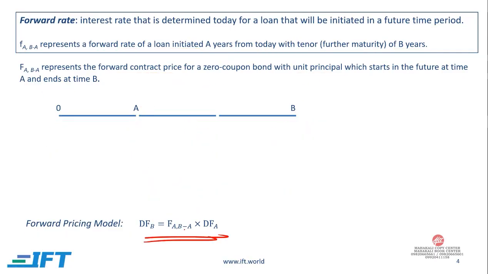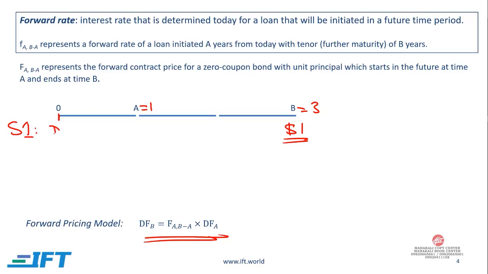To understand where this formula is coming from, let's look at 2 alternative strategies that should give us the same result. So strategy 1 is that we buy a 0 coupon bond that pays $1 at the end of 3 years. So in this example, let's say A is 1 and B is 3. What's the price of this bond today at time 0?